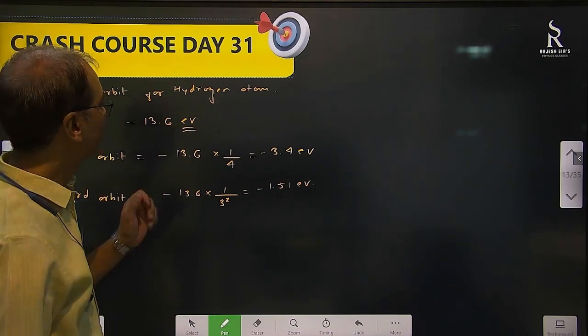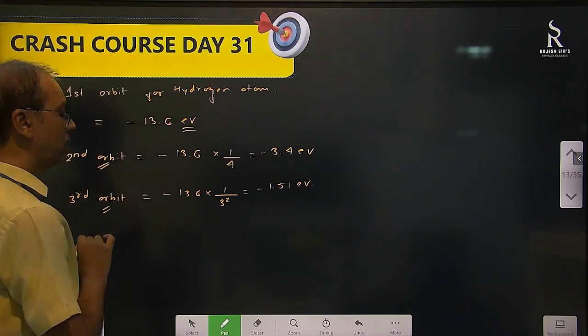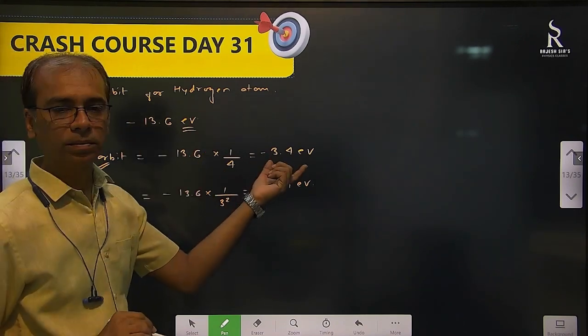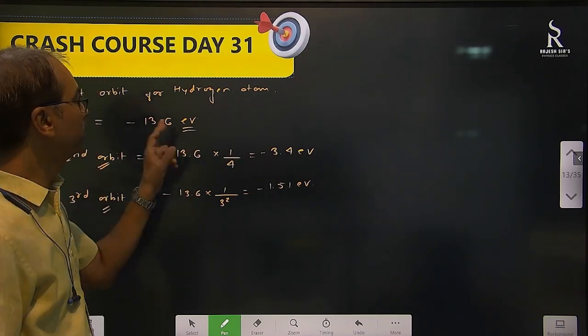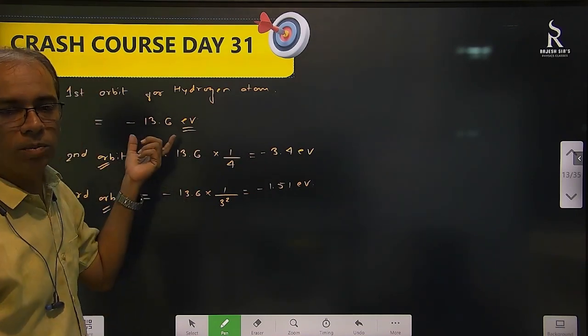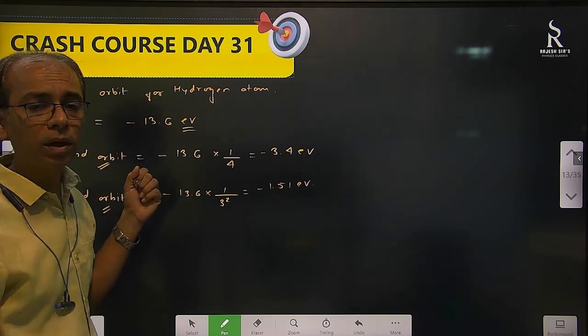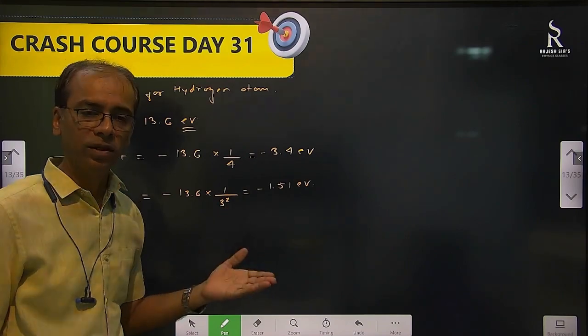But as you see, as the shell number is increasing, the energy is also increasing. Minus 13.6 eV is the minimum energy. This is more than that, and further, it will be more.